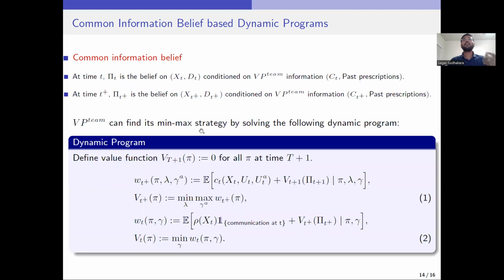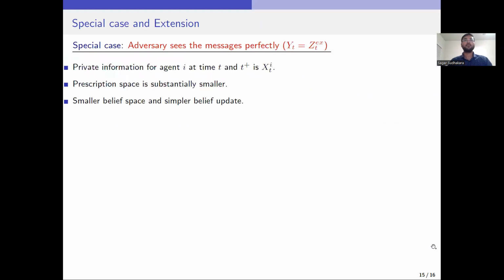So now the VP team can find its min-max strategy by solving the following dynamic program. At t plus 1, the value function is 0, and at t plus, the cost-to-go function is given by this particular equation, and the value function at t plus is given by this equation number 1. Similarly, at t, the cost-to-go function and value function are provided by this particular equation number 2. So once we provide the dynamic program, it can be solved using any well-known methods.